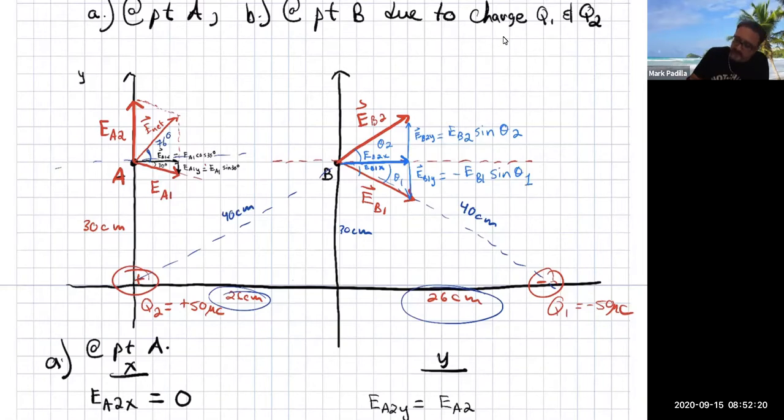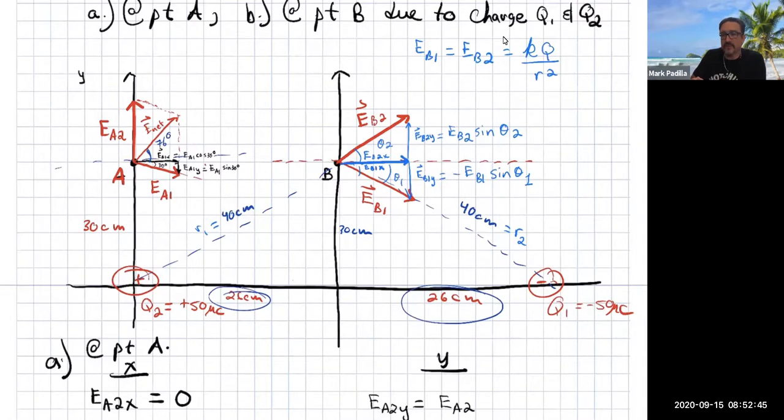But we know that EB1 is equal to EB2, the magnitude, right? Because they're all equal to KQ over R squared. R1 is equal to 40 centimeters. R2 is equal to 40 centimeters. The magnitude of Q is exactly the same, 50 microcoulombs.